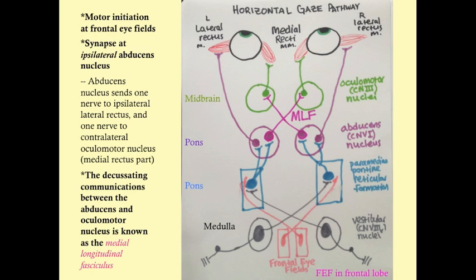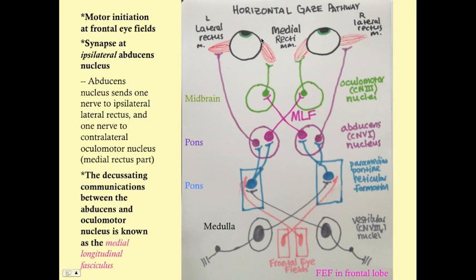So the right abducens nucleus is going to stimulate the left medial rectus to move. That way we've got our left eye moving to the right via the left medial rectus, and our right eye moving to the right via the right lateral rectus.